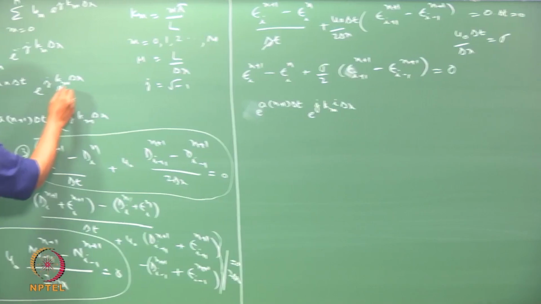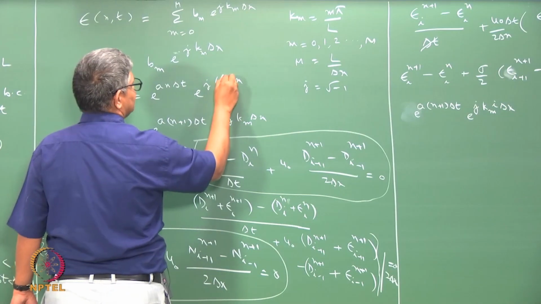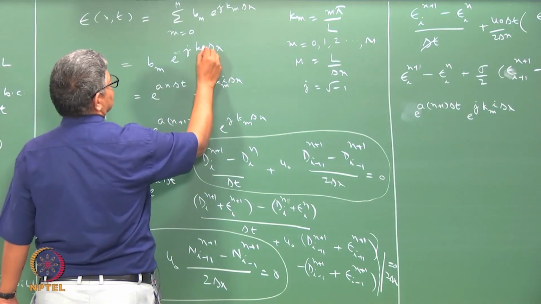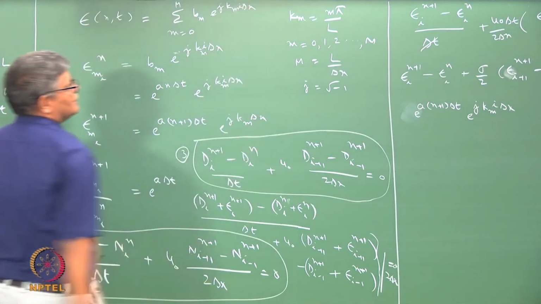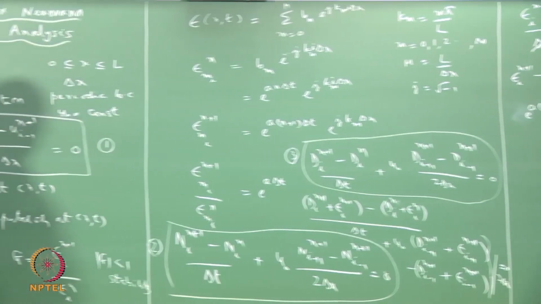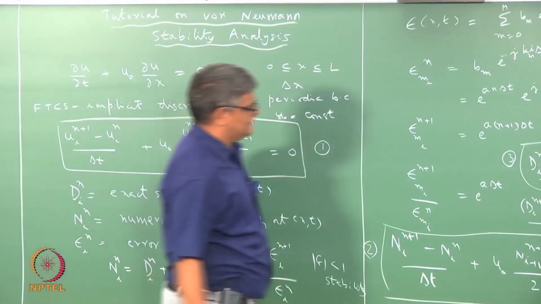I think here I forgot to put I throughout because this is at x. So, this should be I times delta x.